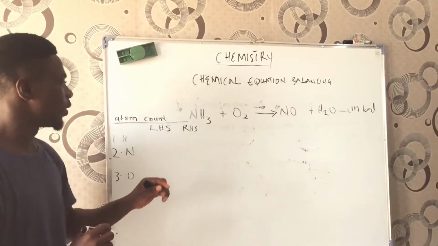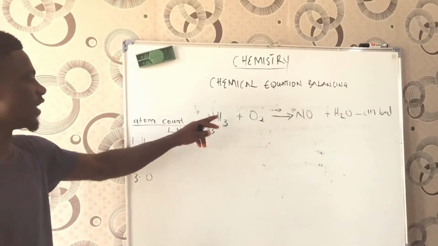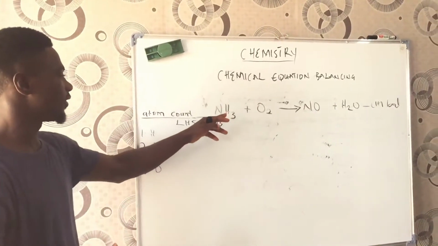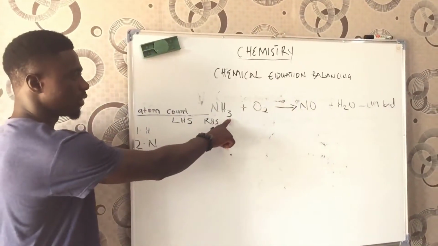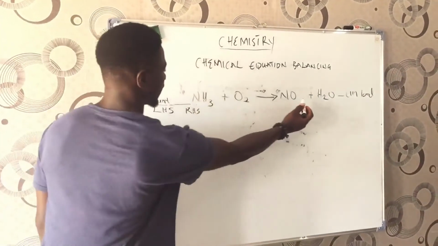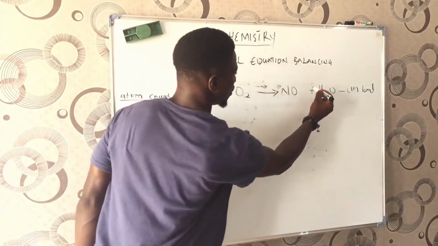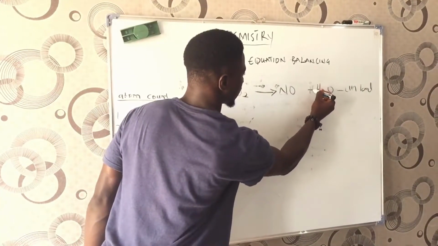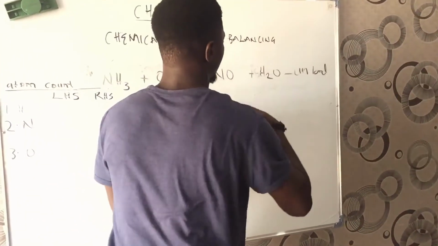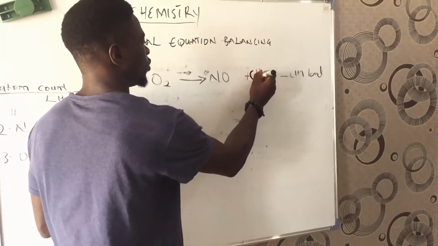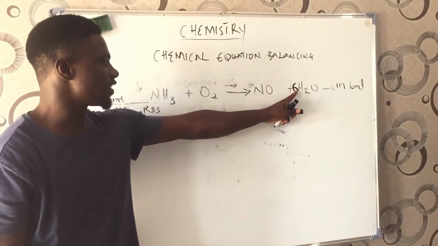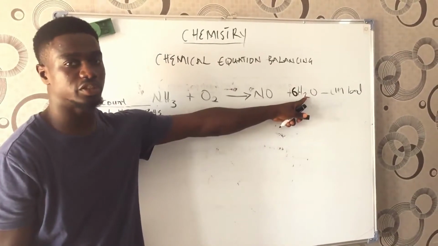Now, first we are going to consider balancing the hydrogen atoms. On the left hand side, we're having 3, but on the right hand side we're just having 2, which is not balanced. So for you to balance that, you put a 6 here, which means we're having 6 times 2, which gives us 12 hydrogen atoms.